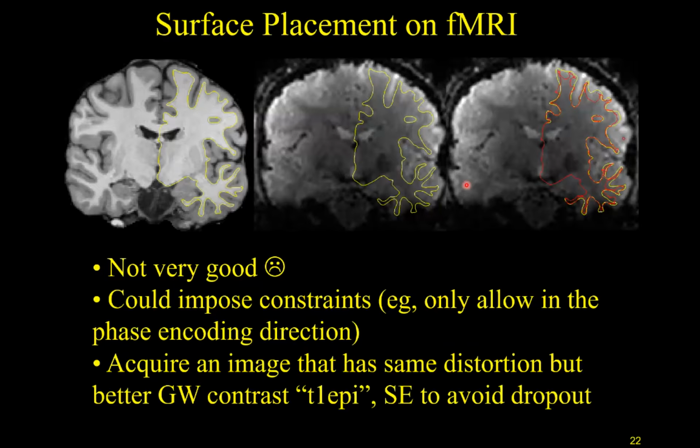So you could do something like that, or maybe use a spin echo so that you're not getting this dropout. And if you could get a decent image like that with good gray-white contrast and not a lot of dropout, then I think it's actually pretty easy to apply it in this way.